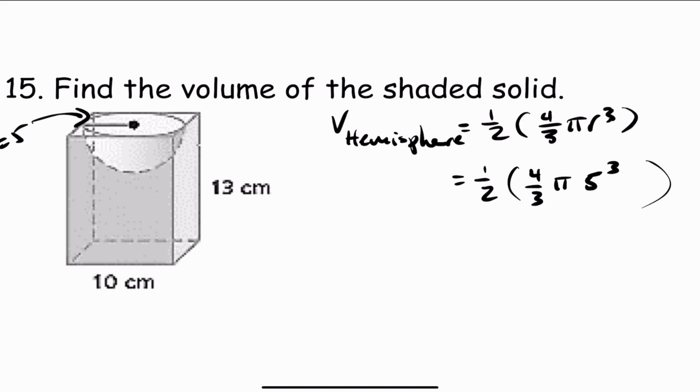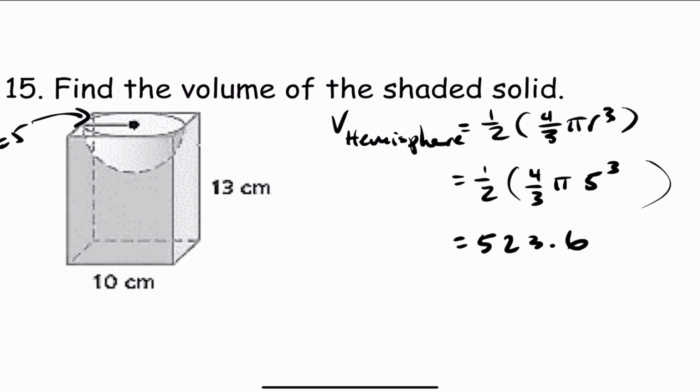So 4/3 times pi times 5 to the 3rd power. And okay, so I got 523.6. That's the volume of the hemisphere.